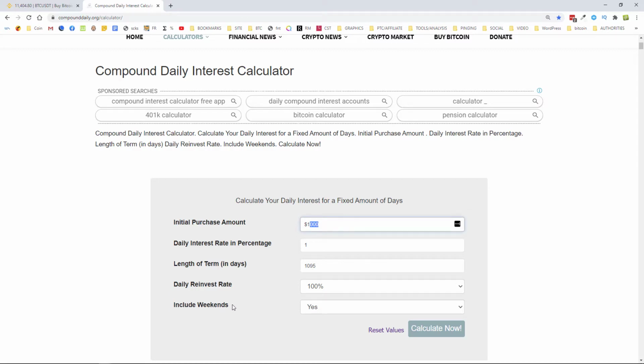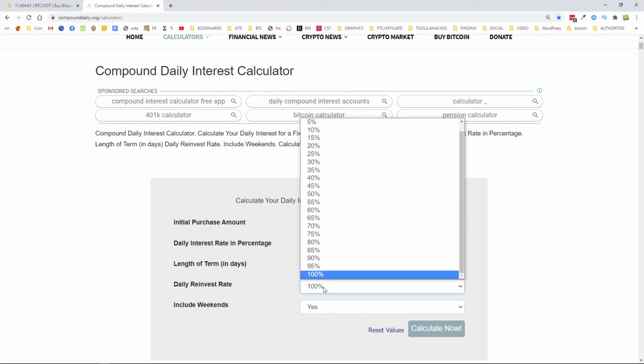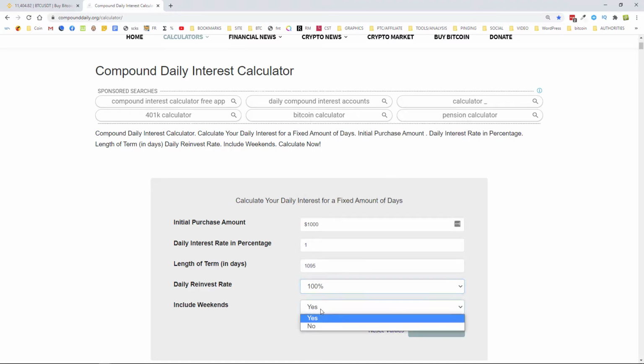That's the beauty of this. You wouldn't be able to do that with stock markets because they're Monday to Friday only and they have opening and closing times. All right, so $1,000, 1%, 1,095 days, which is 3 years, 100% reinvested, and including the weekend, so 7 days a week there.